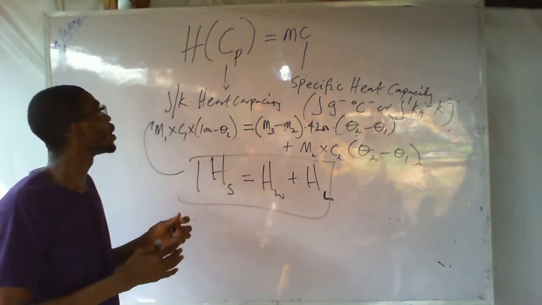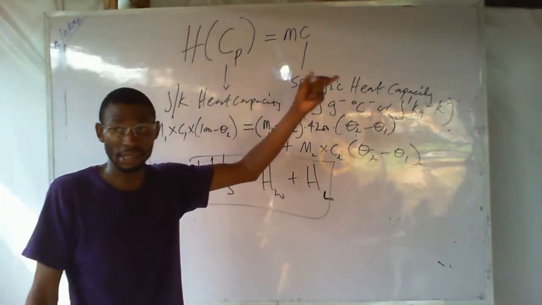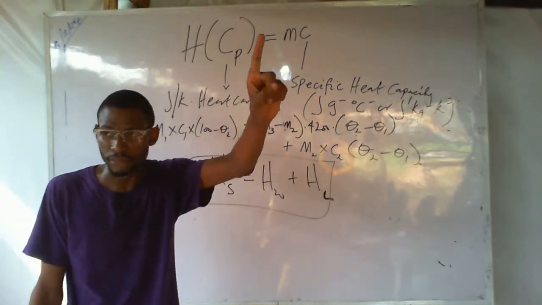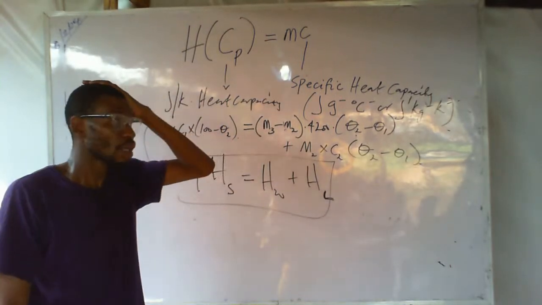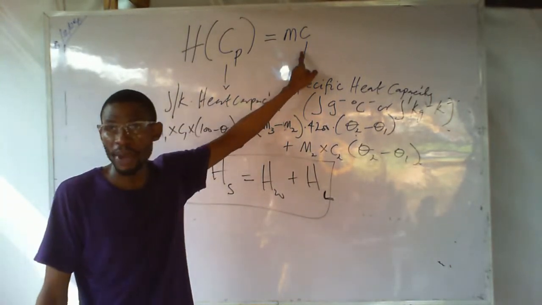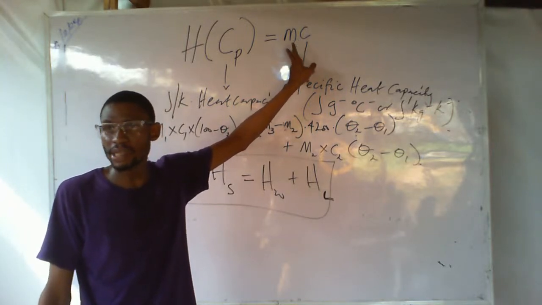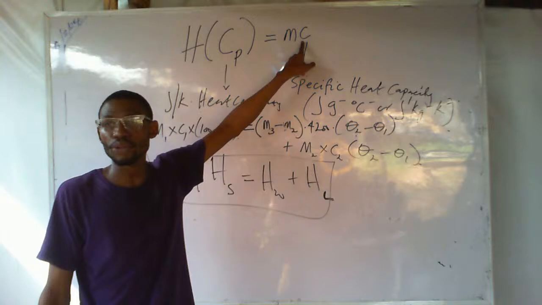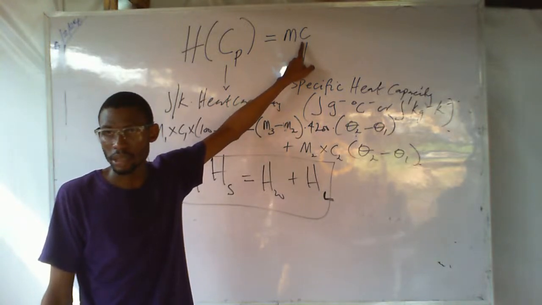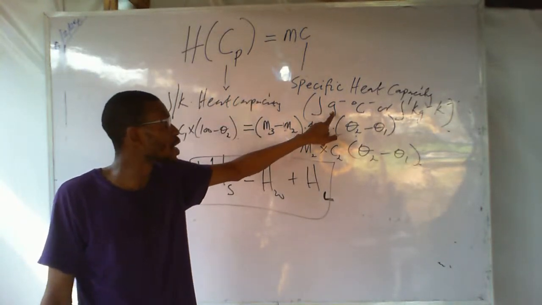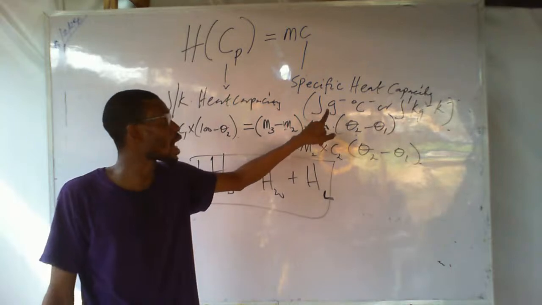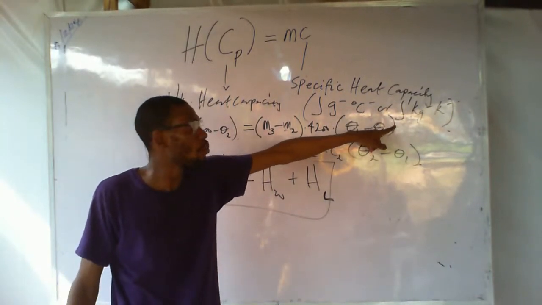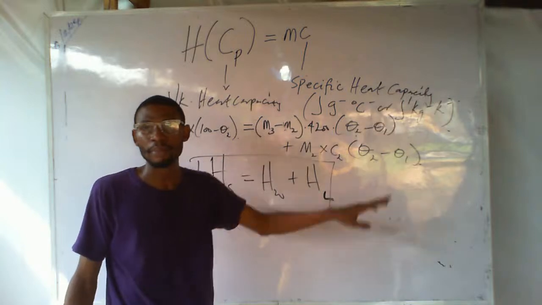So H represents the heat capacity, which is measured in joule per Kelvin. Specific heat capacity is expressed with the notation small letter c, and it is measured in either joule per gram per Kelvin, or joule per kilogram per Kelvin.